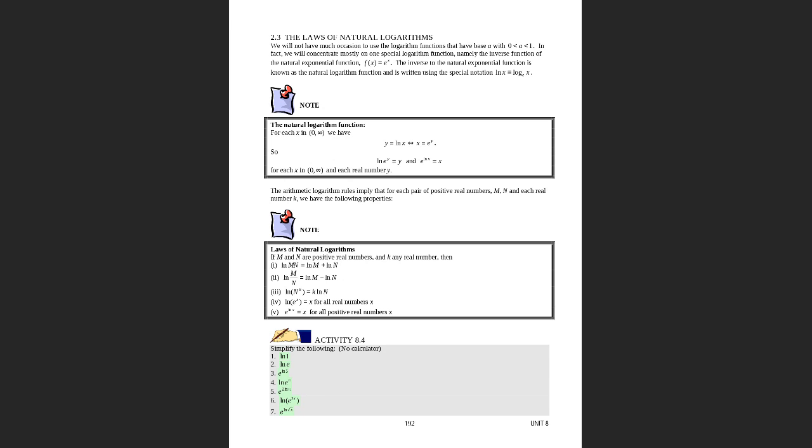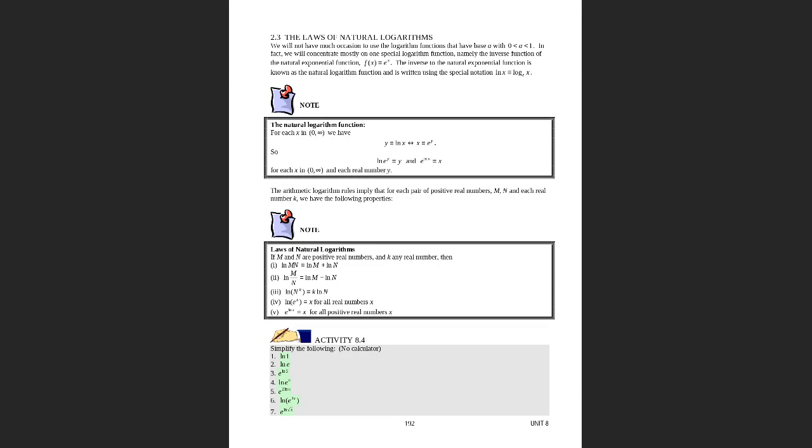You also have to know the laws of natural logarithms. They are no different from the laws of logarithms. If you have ln(mn), it is ln m plus ln n. If you have ln(m/n), it subtracts: ln m minus ln n. If you have ln of m exponent k, the k can come forward: k ln m.